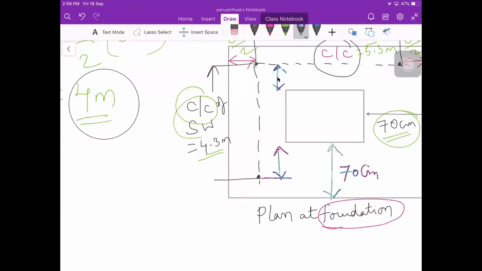For foundation concrete it is the same throughout the foundation, as I have shown in the video. So half width is again 0.7 by 2 on each side.